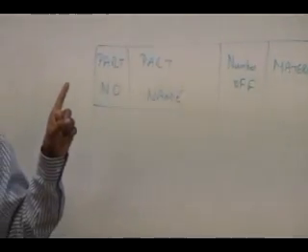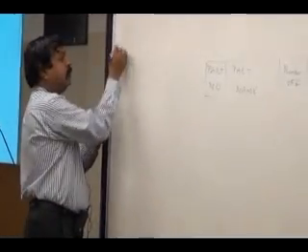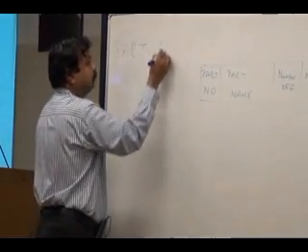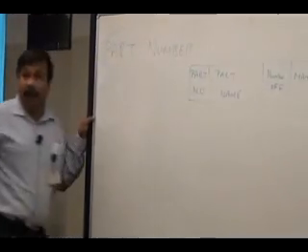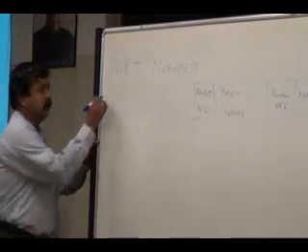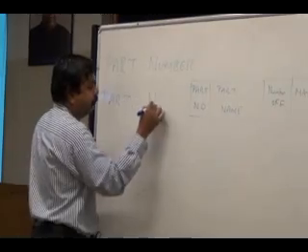Yes? No. Then probably I will write it bigger. There are 4 columns. The first column is part number. Now are you able to see? Yes. The first column is part number. The second column is part name.